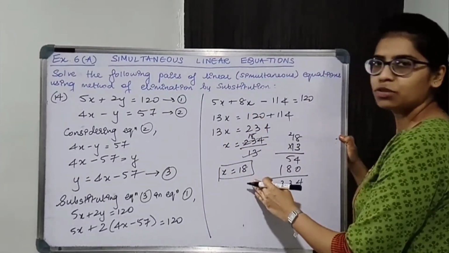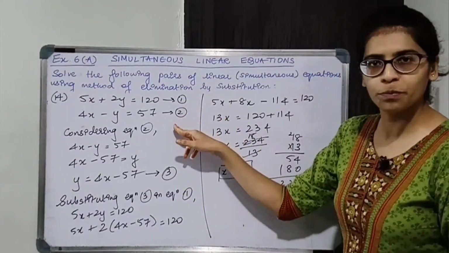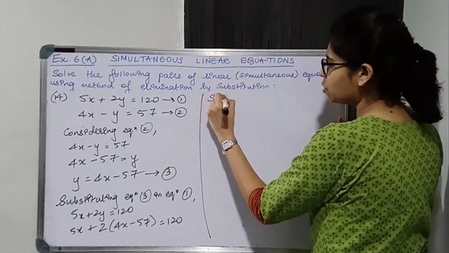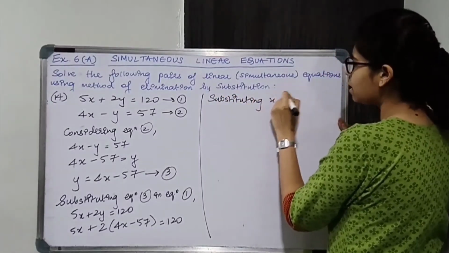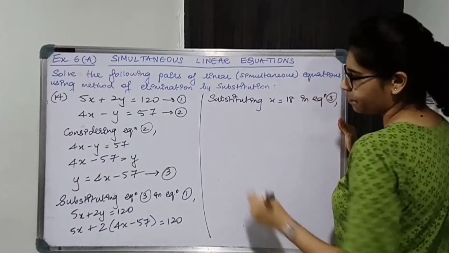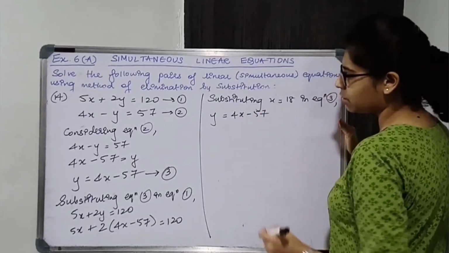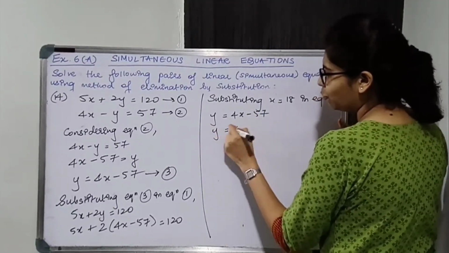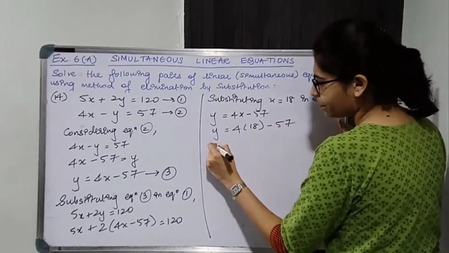Now we'll substitute this in equation number 3. You can also substitute in 1 or 2. Okay. Substituting x equal to 18 in equation 3. So y is equal to 4x minus 57. So y will be 4 into 18 minus 57.